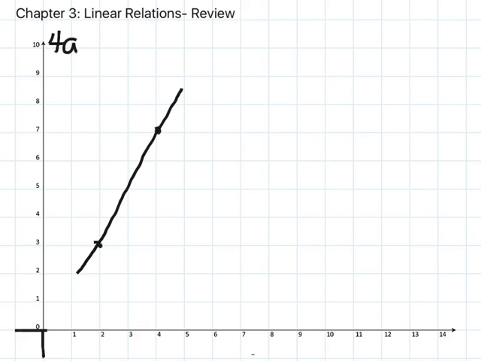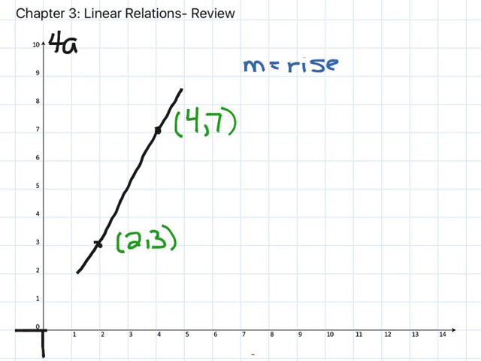For question 4a, you have a graph that looks similar to this, and you're asked to find the slope using rise over run. I'm going to use the 2 points that they've given us, which is 4, 7, and this one is 2, 3. So we're using m equals rise over run.